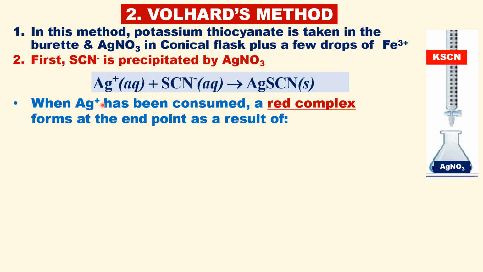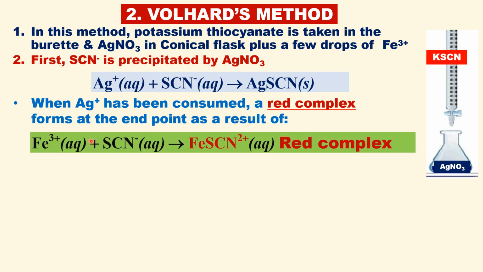When all silver has been consumed, a red complex is formed at the end point, because all Ag+ has been consumed. So Fe3+ reacts with the thiocyanate ion to give a red complex at the end point. There is a sudden color change.